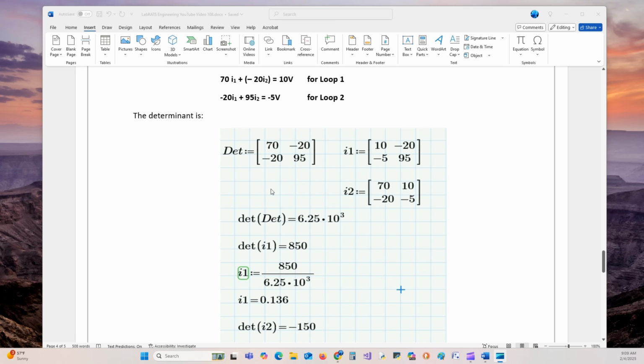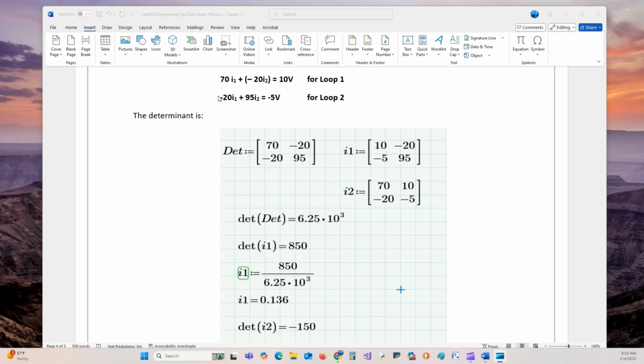But what we do, we're doing matrix algebra, determinants. We make our first matrix out of this right here, 70, negative 20. That's this for I1, negative 20, 95 for I2. We know there's columns for I2 and this column's for I1.